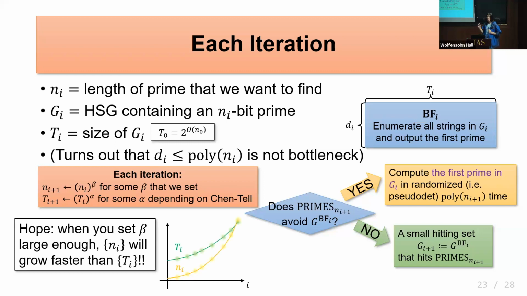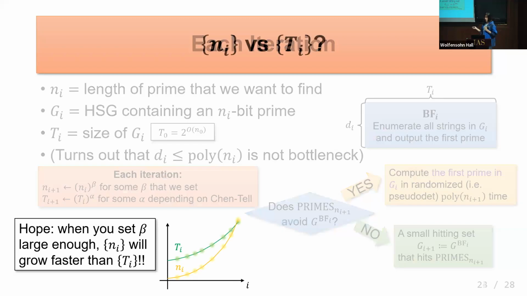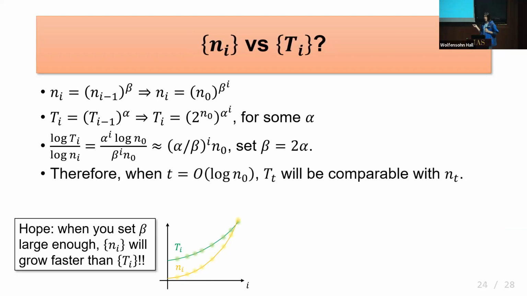So although T0 starts as exponential in N0, at some point Ti will be comparable to Ni instead of exponential in Ni. Some calculation shows that this is indeed the case. If you pick all log N0 input lengths, then finally T of little t will be comparable with N of little t, where little t is the number of input lengths we pick.